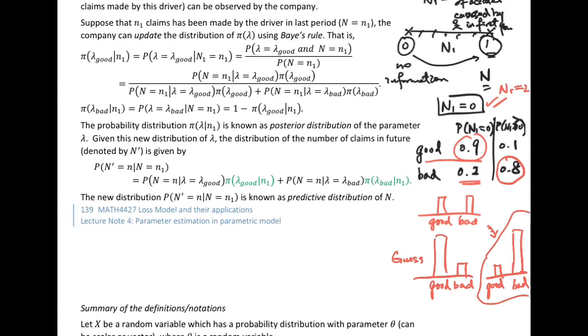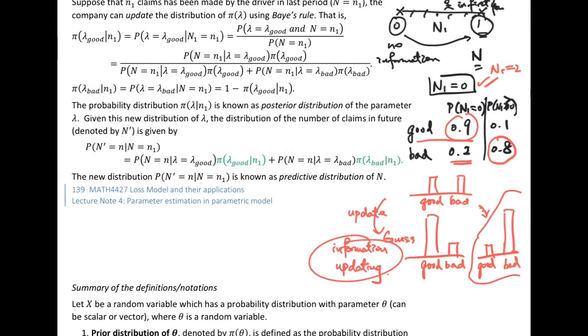So here, using this new observation, he can try to update his guess on the quality of the driver. This process is what we call information updating, which is one of the important processes of Bayesian estimation.